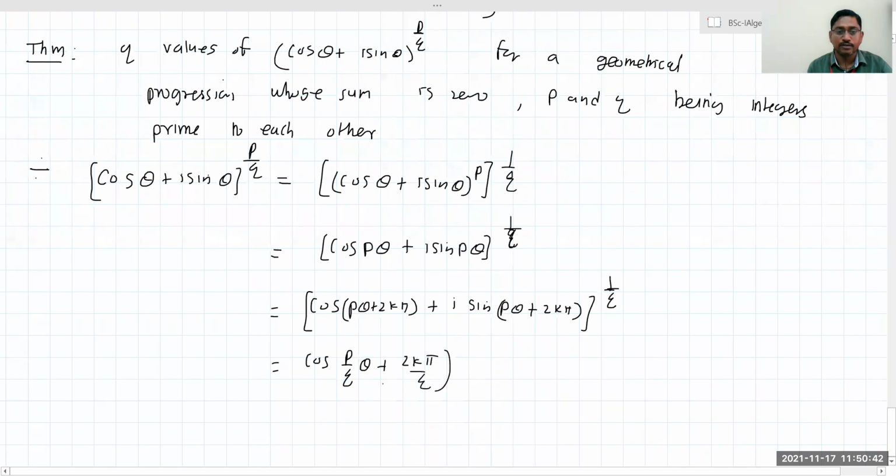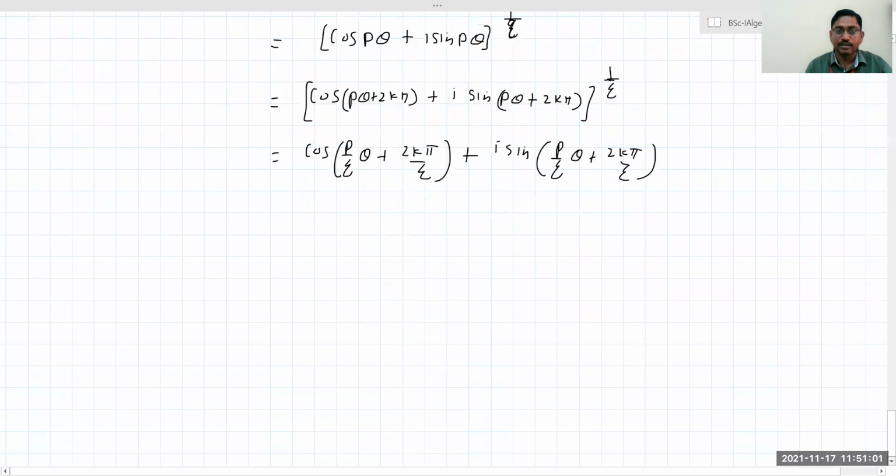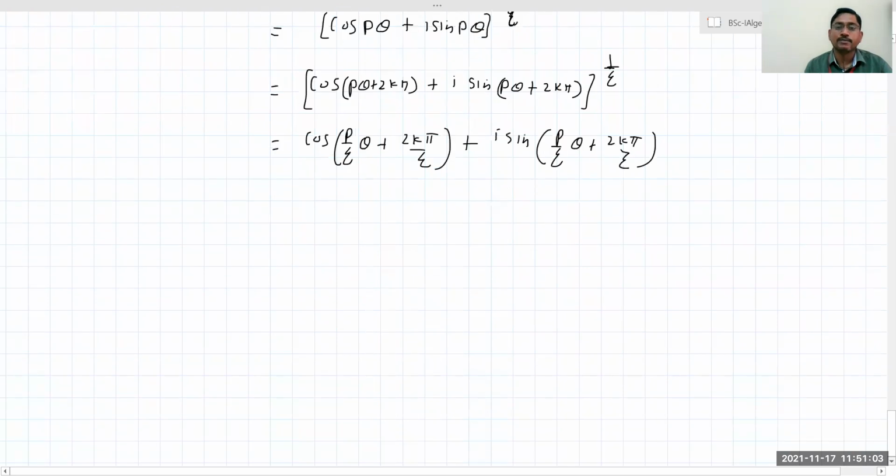This, divided by q, I can separate like this: p theta plus 2k pi upon q is written as cos plus i sin of (p by q theta plus 2k pi upon q). So this is just like cos of alpha plus beta plus i sin of alpha plus beta, that is cis alpha into cis beta.